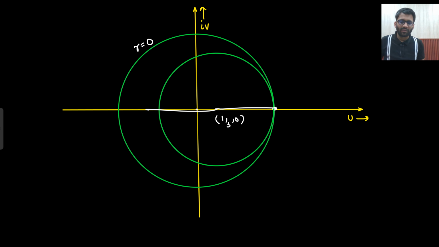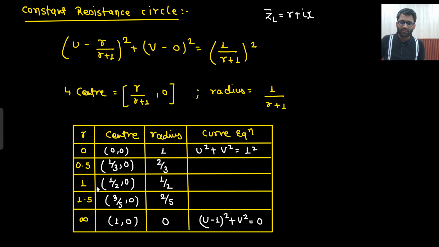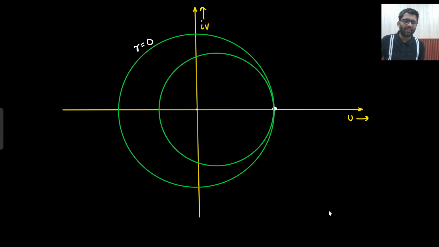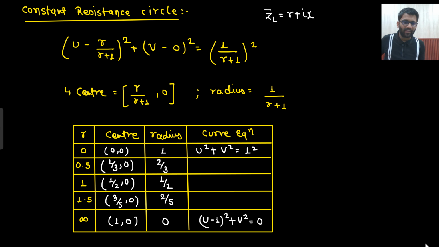Now for the next one, the center is at 1 by 2 comma 0. So this point is 1 comma 0. Are you getting this point? This point is 1 comma 0, right? Now this is the center 1 by 2 comma 0 and radius is 1 by 2.